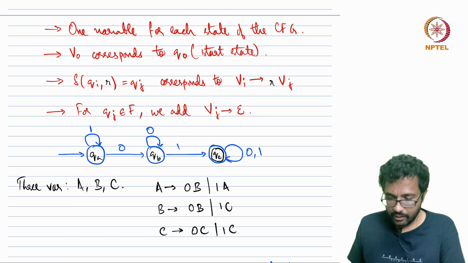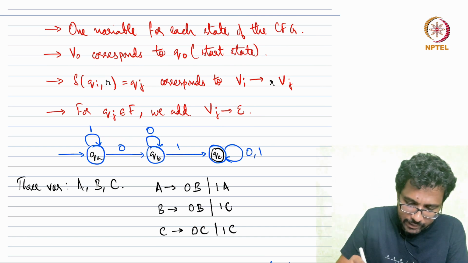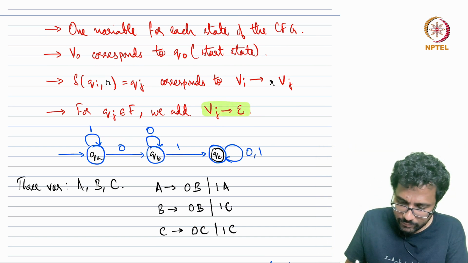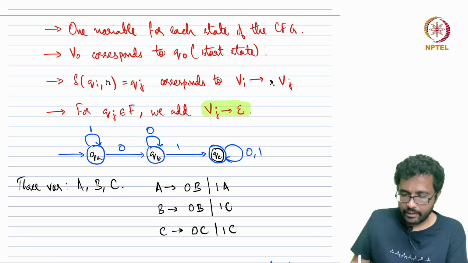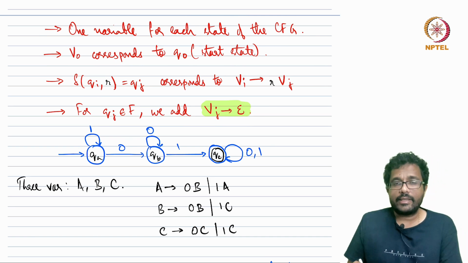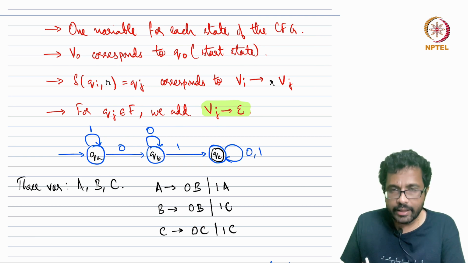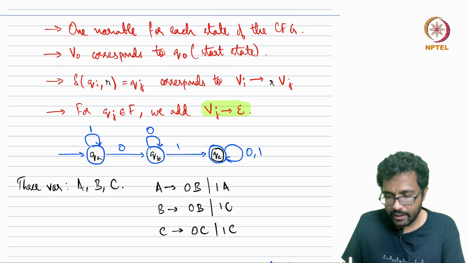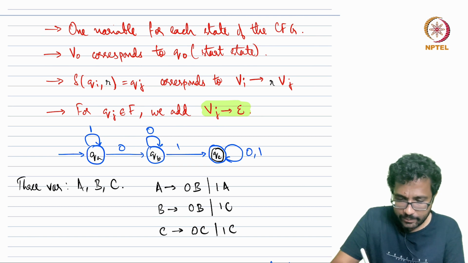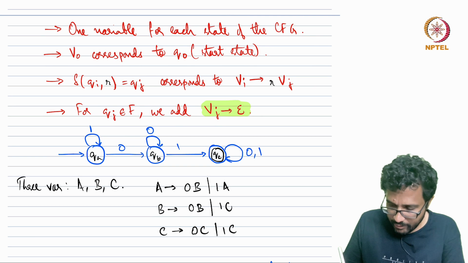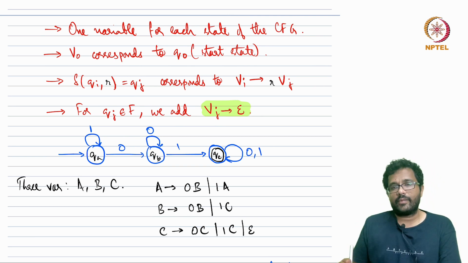For that purpose we have this final set of rules. If Qj is an accepting state, we add Vj yields empty string. Here Qc is an accepting state, so we add C yields empty string.